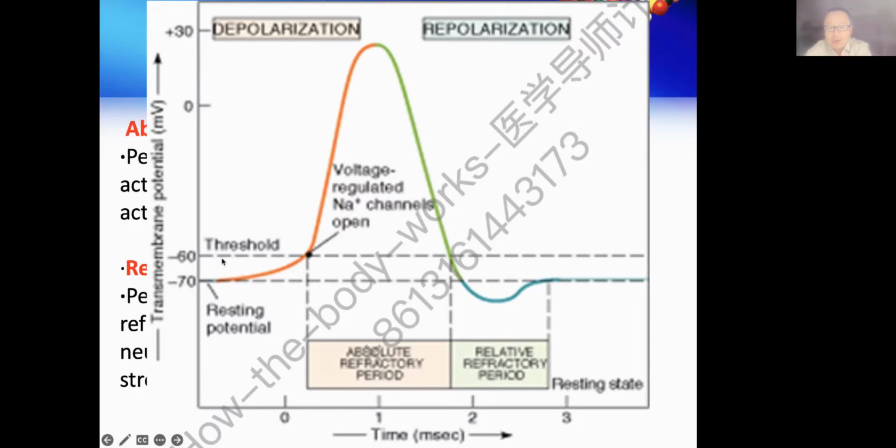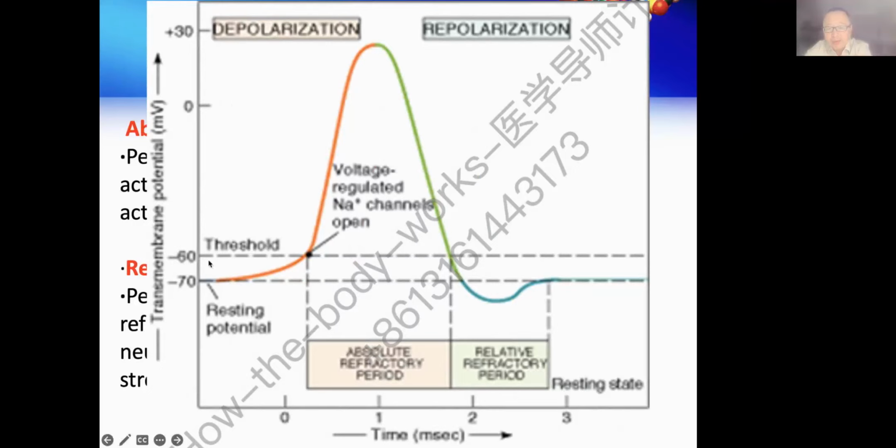Please pay attention to the word here: threshold. Threshold means the minimal, the least requirement to do something.